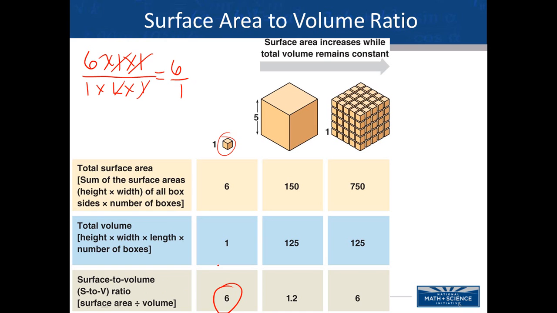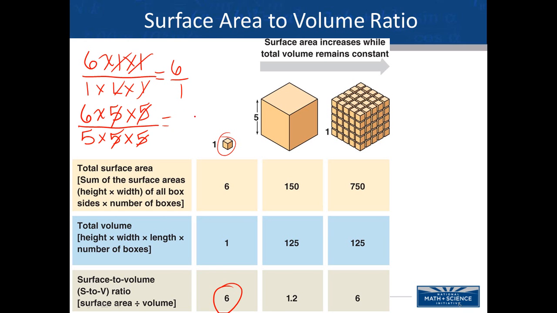Now let's increase the volume so that the height, the width, and the length are 5. If you want to determine the surface area, again there are 6 faces to the cube. The length is 5 and the width is 5. For the volume, the height is 5, the length is 5, and the width is 5.